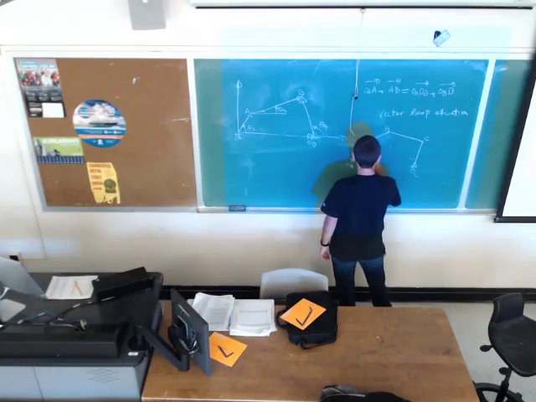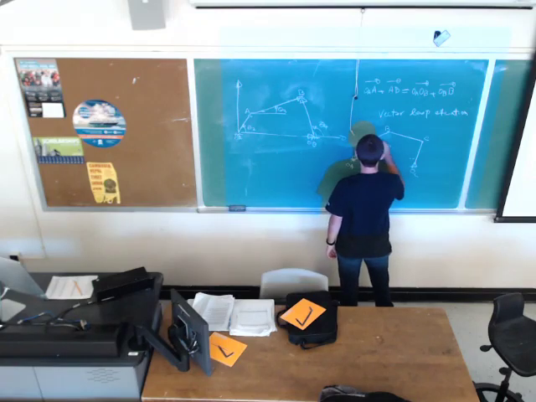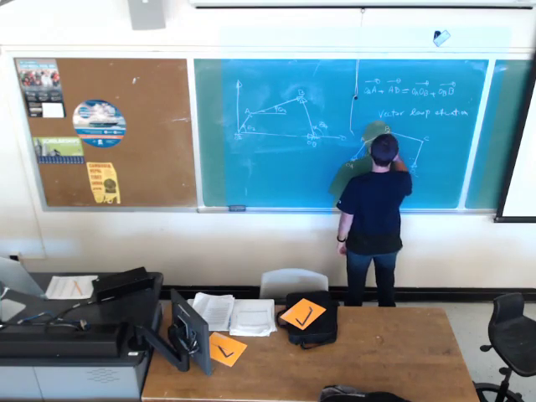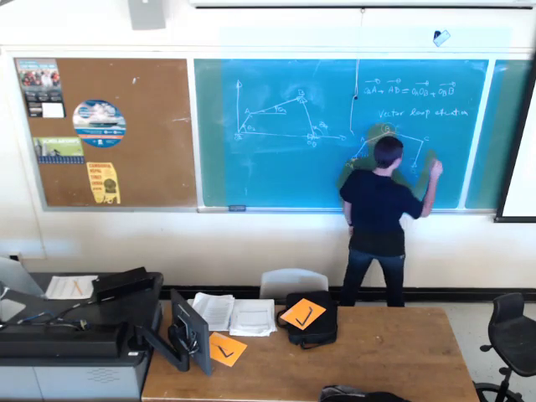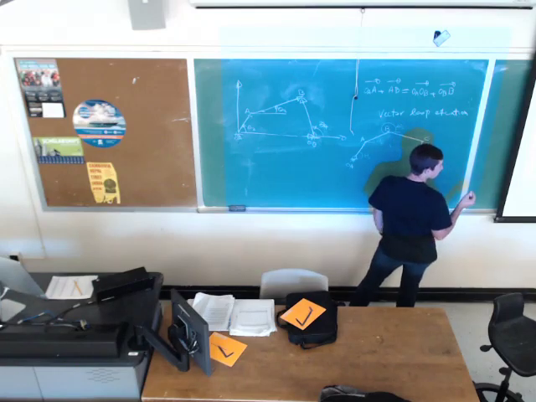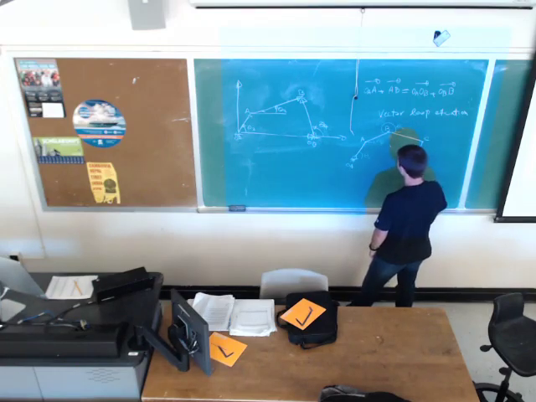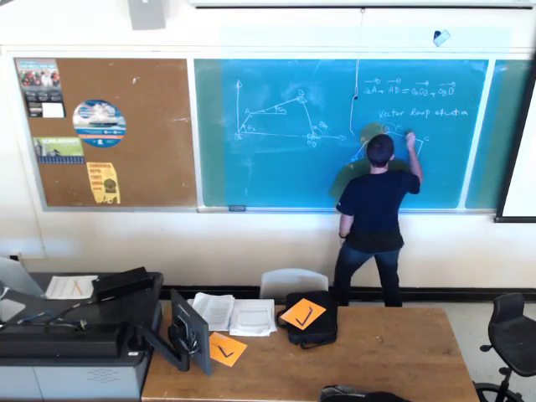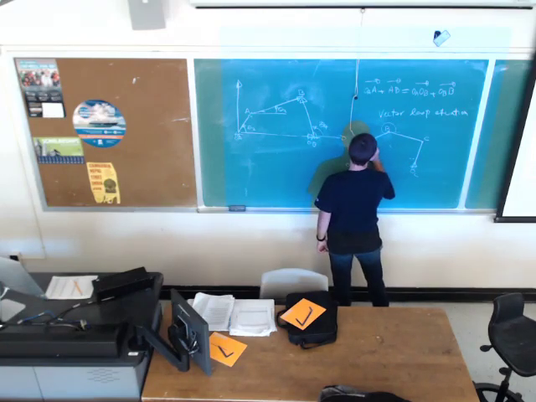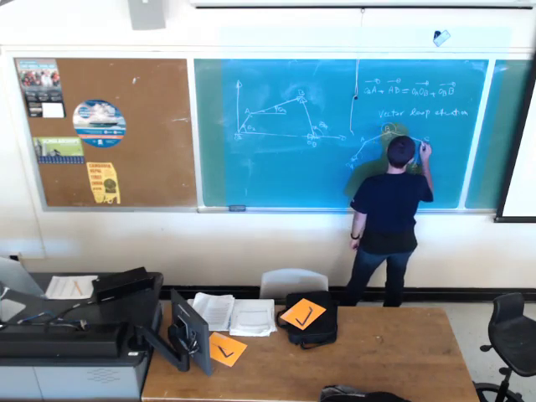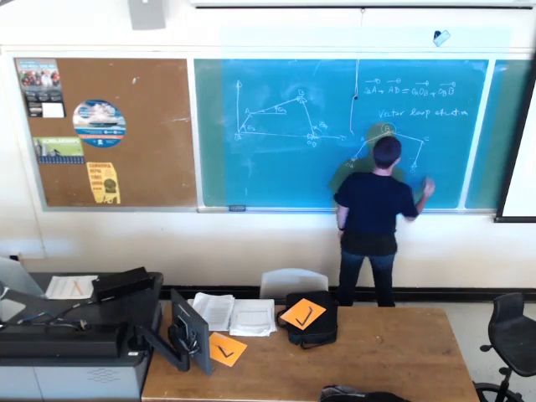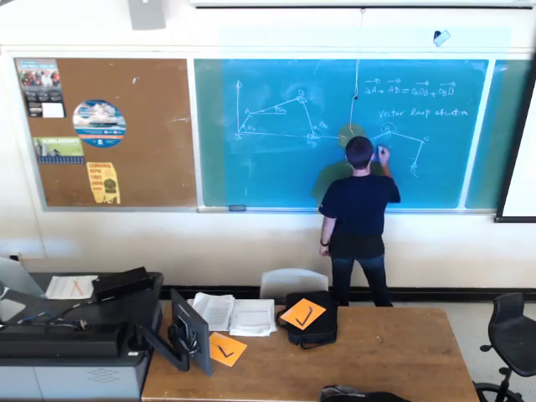First, you started with labeling the angle. It's better that you start with labeling the vectors. So first label the links as vectors, and okay, now label the angles, please.